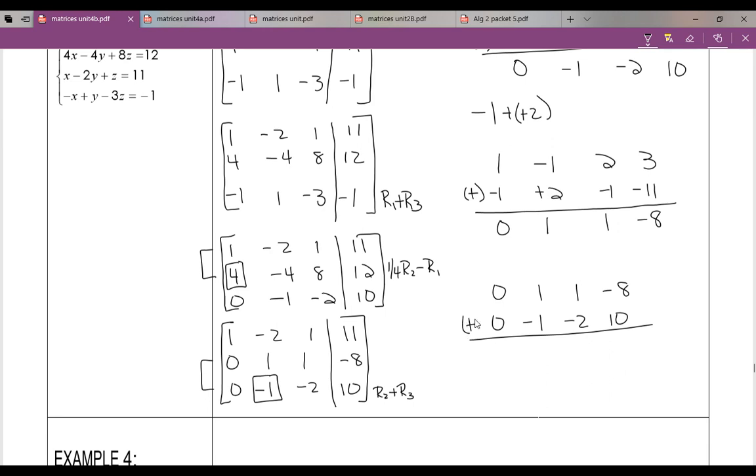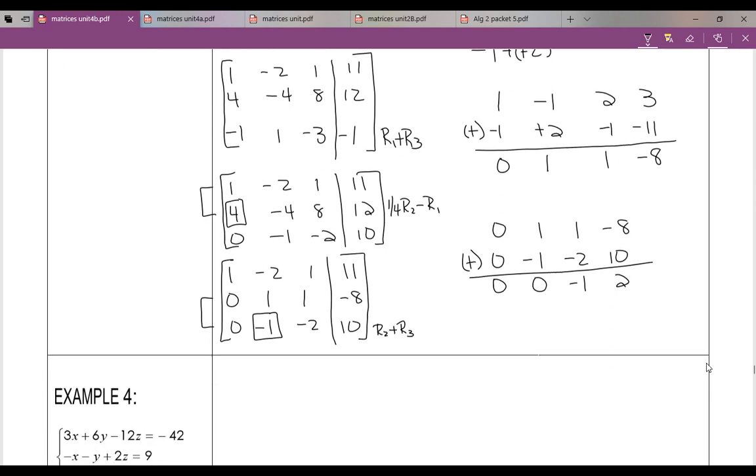I'm going to add those two rows together. Gives me 0, 0, negative 1, and positive 2. Now, that is going to be my new third row.